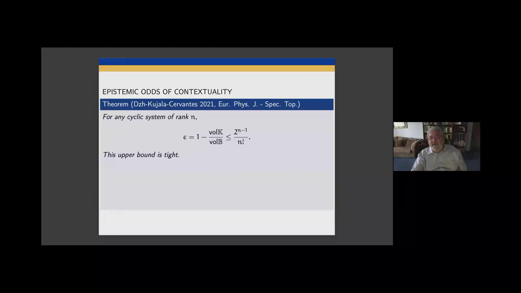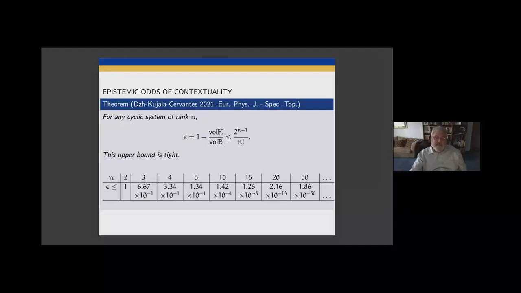This upper bound is this, and this value tends to 0 very fast. So you can see that depending on the rank of the system, rank 2, 3, 4, 5, you are essentially getting to zeros. So the probability that a randomly chosen cyclic system will be contextual is practically 0 if you have many random variables involved, right?